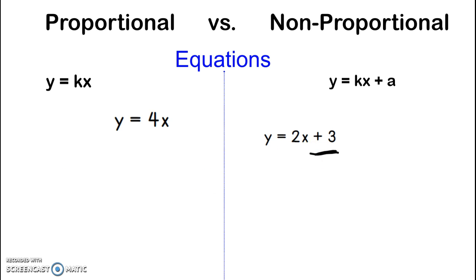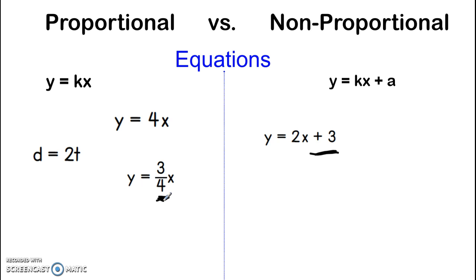Some more proportional equations are d equals t2 times t. So even though the letters are not y and x, it's still in that format y equals k times x. Similarly, y equals 3/4 x. So in this case, k is a fraction, which is totally okay. It does not have to be a whole number.